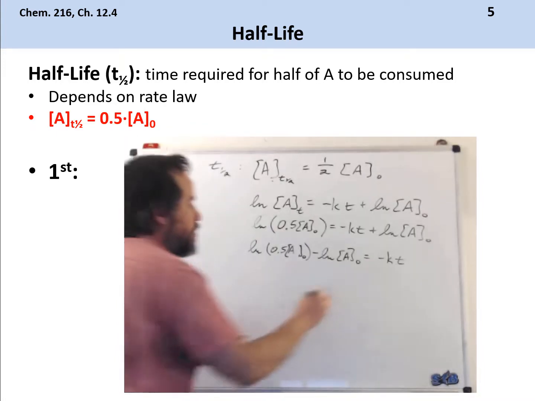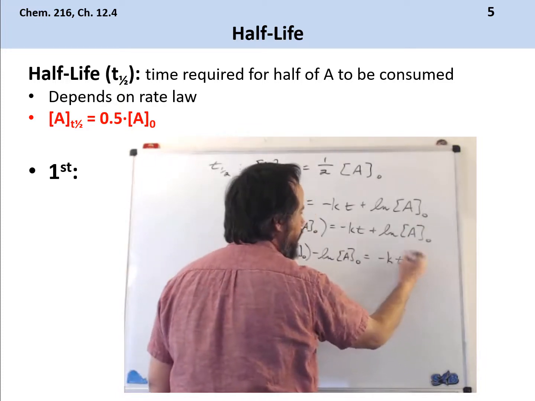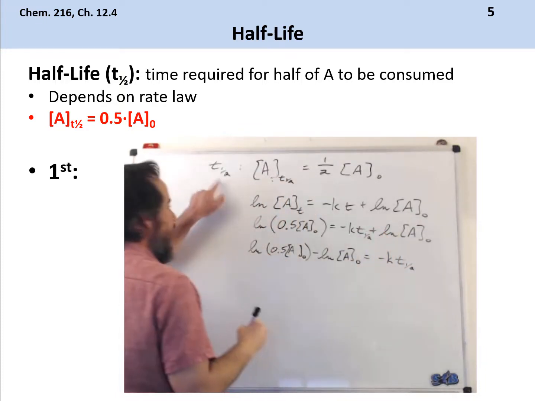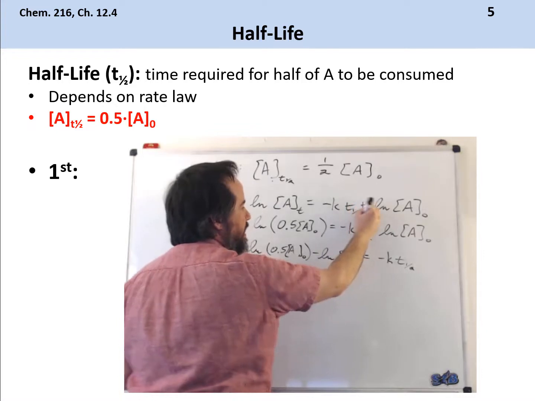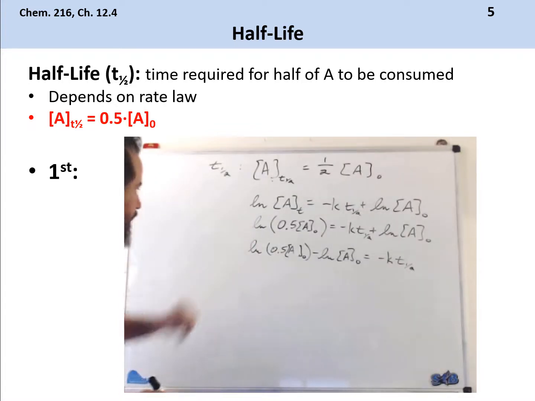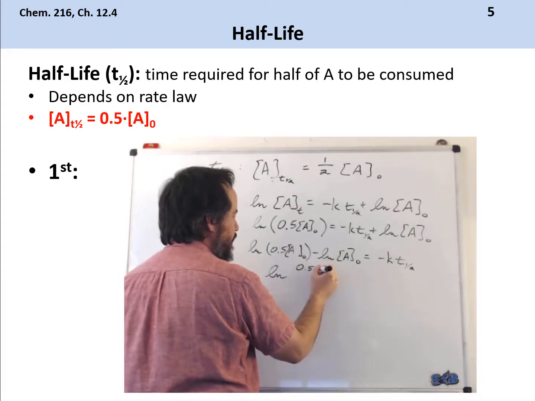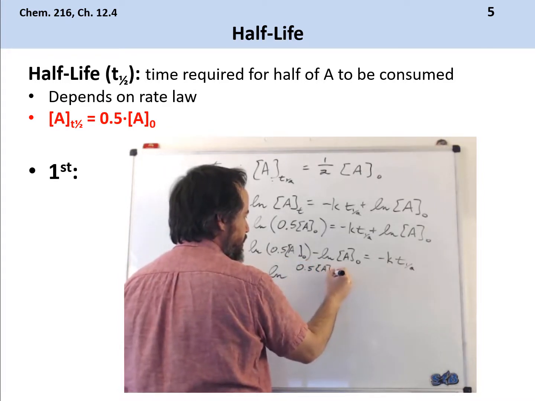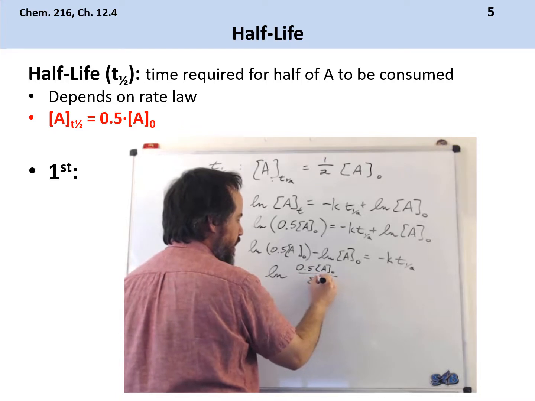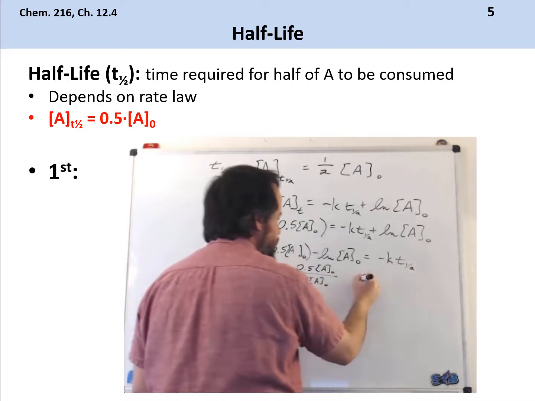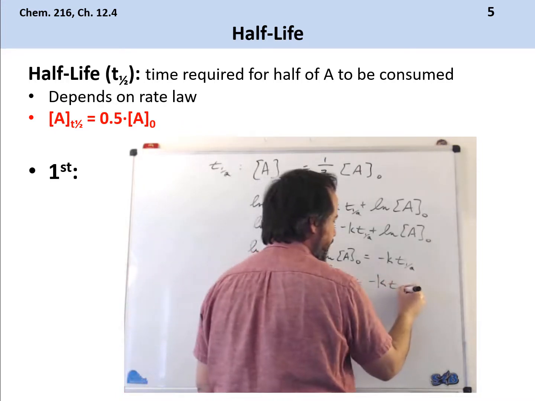Now seeing that this is half-life, I can just replace this t with t half. I can rearrange this such that it's ln of 0.5 A naught over A naught equals negative k t to the half.